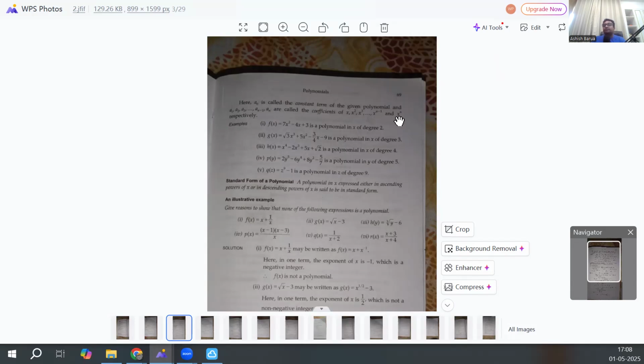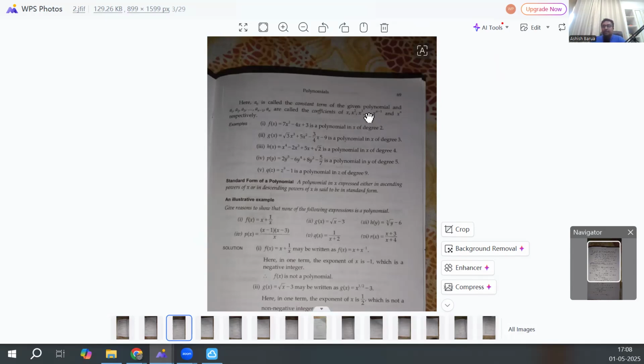That means the coefficient of the term x to the power n is denoted by an. The coefficient of the term x to the power n minus 1 will be denoted by a(n-1). Coefficient means the constant term associated with the variable terms in the expression.